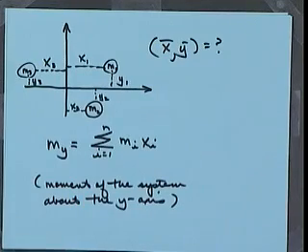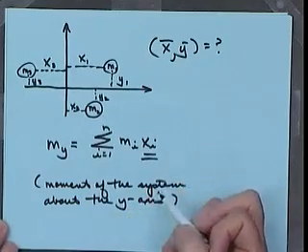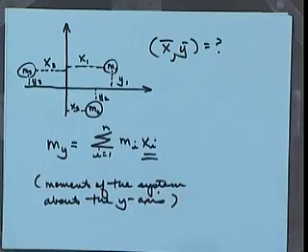Because the distance of these masses from the y-axis really is their x values, right? And what the moment of the system about the y-axis tells us is its kind of torque or ability to twist with regard to the y-axis.